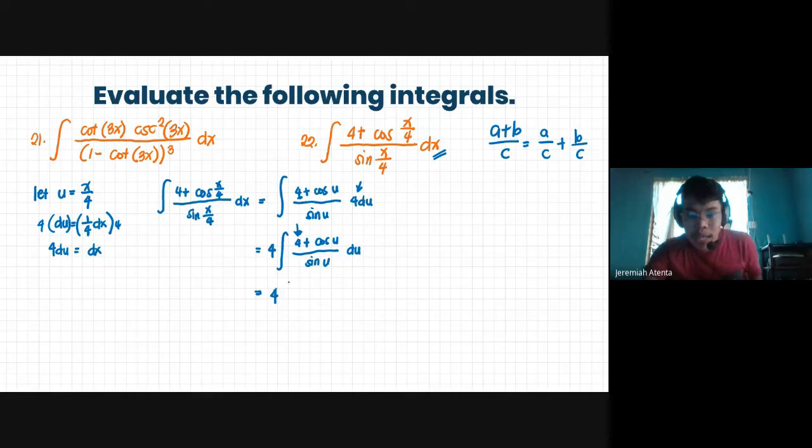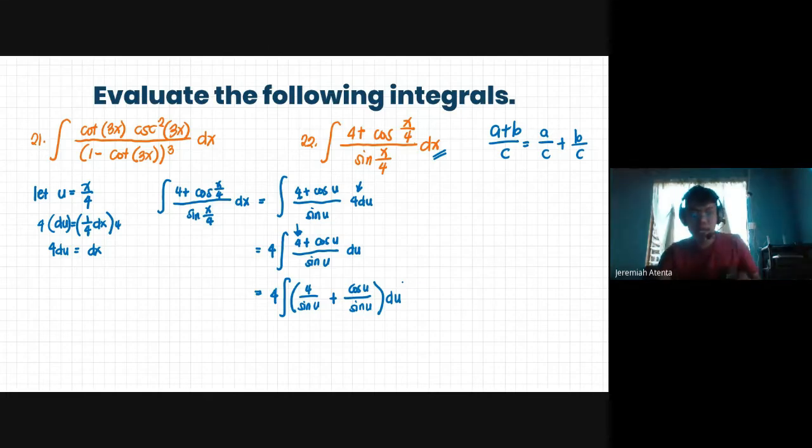So you will have 4 times the integral of 4 over sine u plus cosine u over sine u du. Take note, 1 over sine is cosecant, so this becomes 4 times cosecant u plus cosine over sine, which is just cotangent u, du.